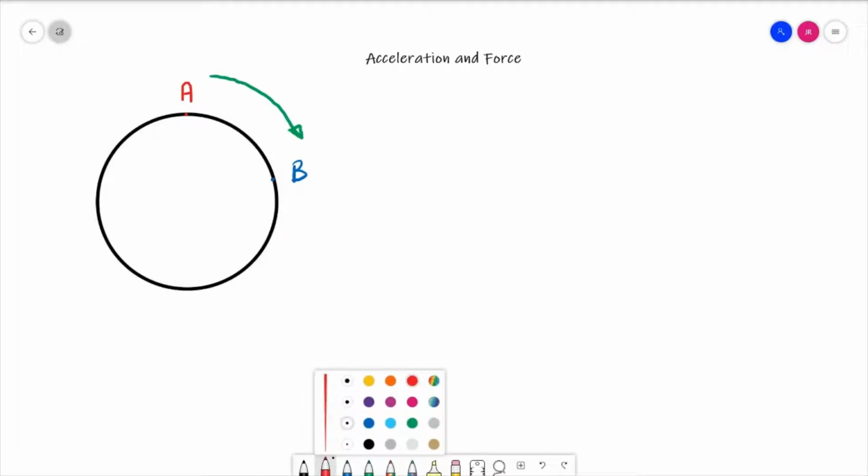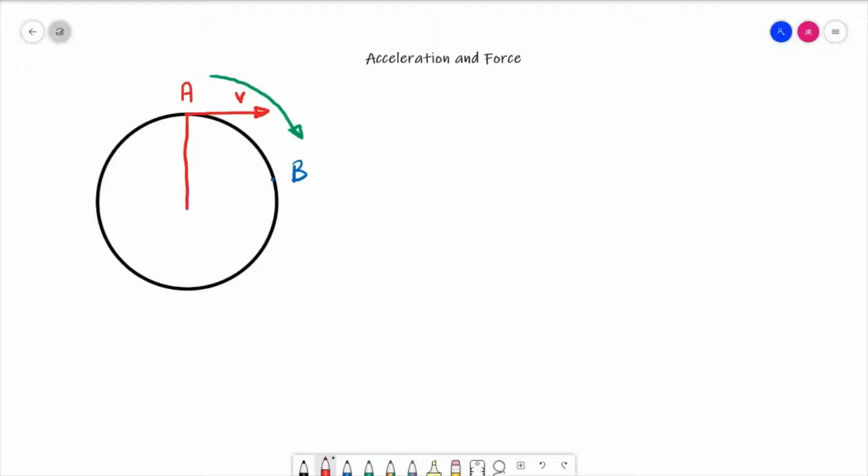Firstly then, we need to consider the velocity of the object at any given point. I'm going to draw on the vector for velocity at A. I'm also going to draw on the radius of the circle.